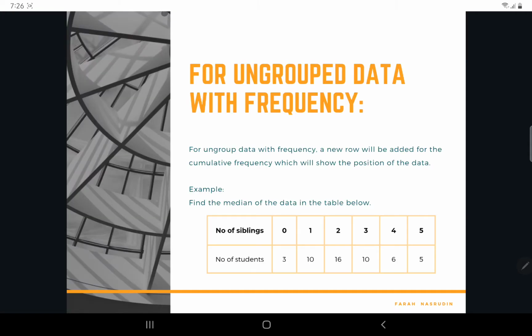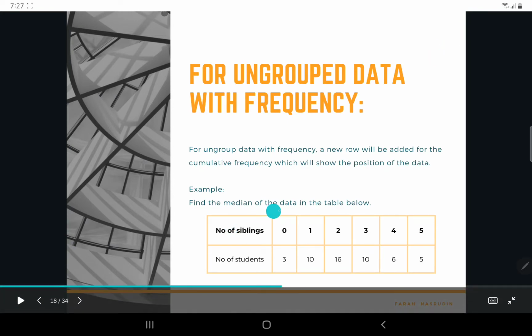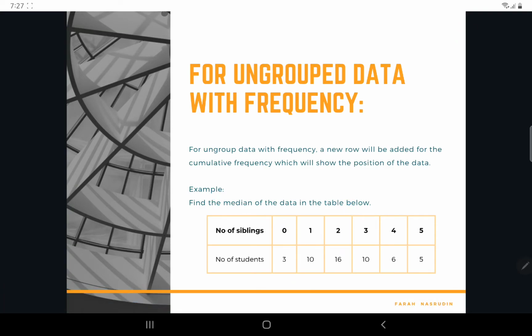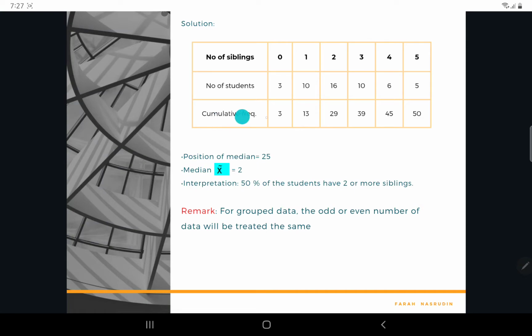Next we look at how to find the median for ungrouped data with frequency. For ungrouped data with frequency, a new row will be added for the cumulative frequency. For example, we need to find the median of the data in this table, number of siblings and number of students, same as the previous example. So we need to add another row here for cumulative frequency.